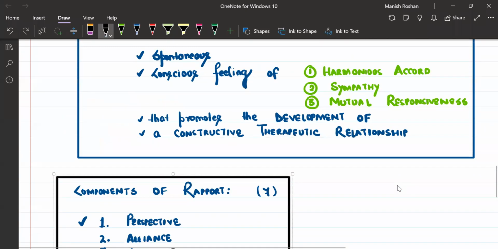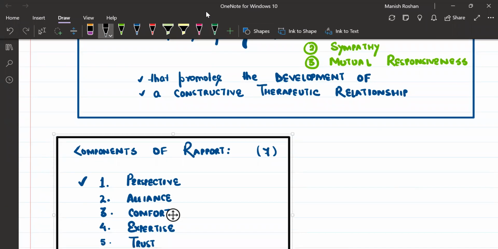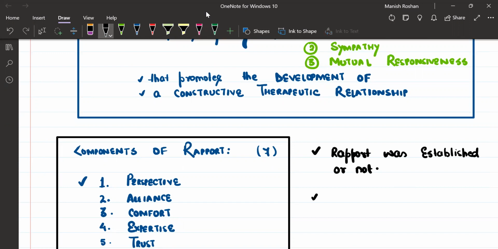So how to report rapport? You can mention whether rapport was established or not. So you can say that rapport established, rapport not established. If the patient is amenable for interview, however, the details of the thought process or the various questions which were being asked were not answered, that means the rapport is in the phase of development.